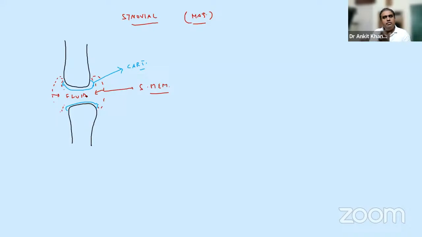If there is some water or oil in between, then your hands can easily rub. I hope you can correlate. So that layer of oil is like the synovial fluid, which is secreted by the synovial membrane. So the synovial membrane is making the synovial fluid, which is between these two bones, which are already covered by the cartilage.